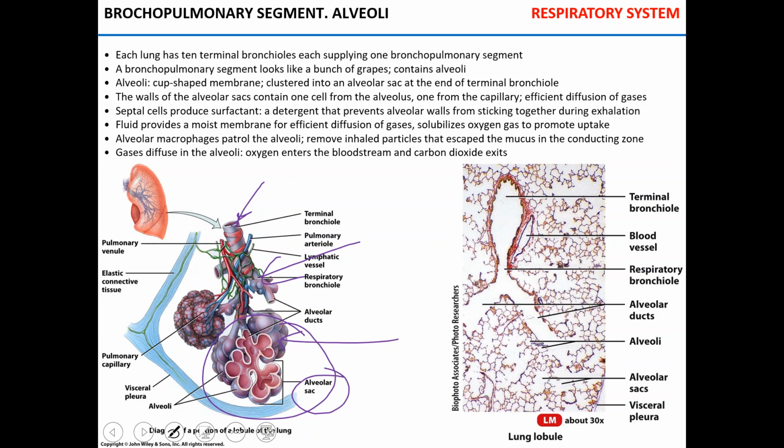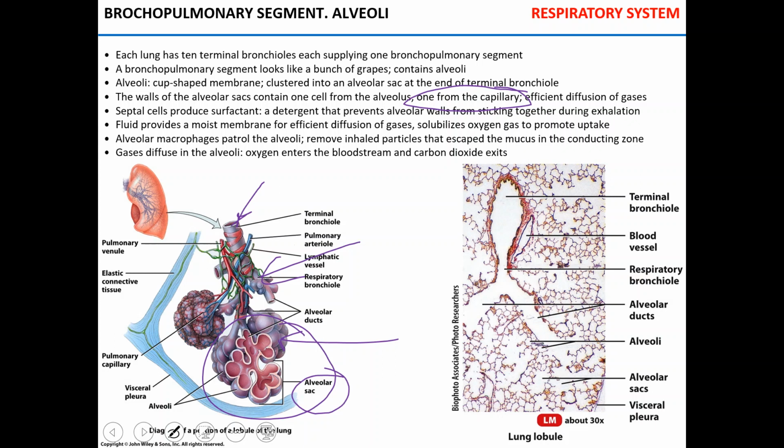The walls of that alveolus are adjacent to the wall of the capillary. So basically you have 2 very thin layers of cells. You have a wall of alveolus composed of simple squamous epithelium, and a wall of blood vessel also composed of simple squamous epithelium.